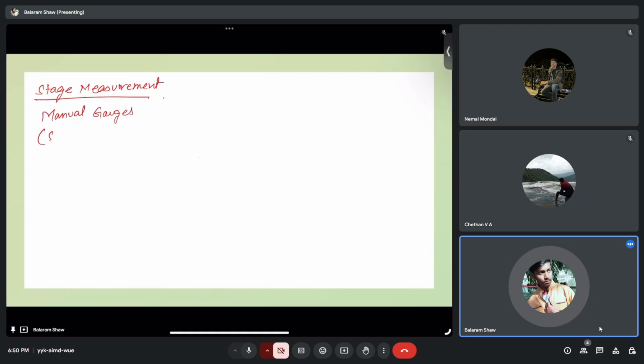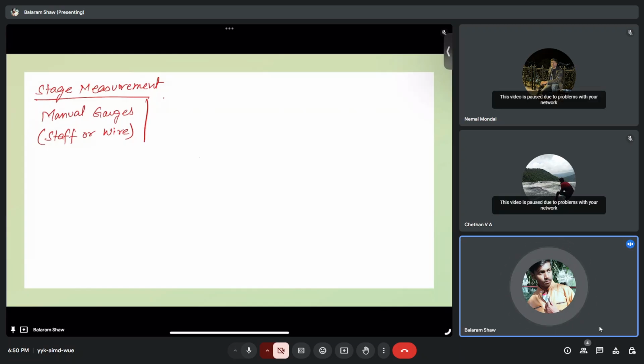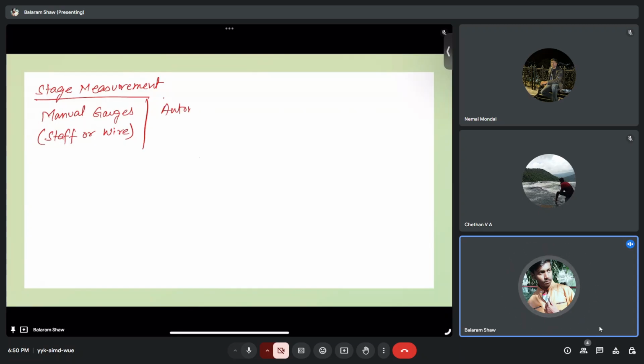Like we have the staff gauge here or wire gauge. So these are non-recording type of staff gauges, or stage gauges you can say. Then we have automatic stage measurement also. Okay, stage recorder.